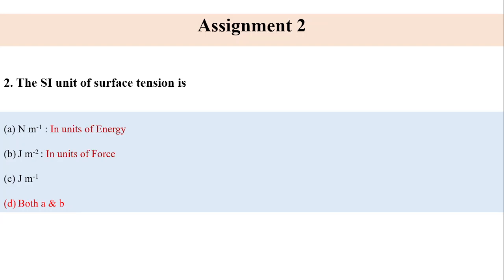In units of energy, we can write it as Newton per meter, and in units of force, the SI unit of surface tension can be written as Joule per meter square. So if you convert Newton into Joule per meter, you will easily get it as Joule per meter square.